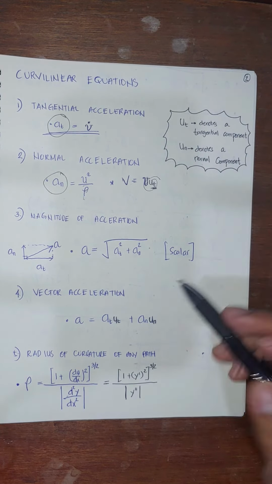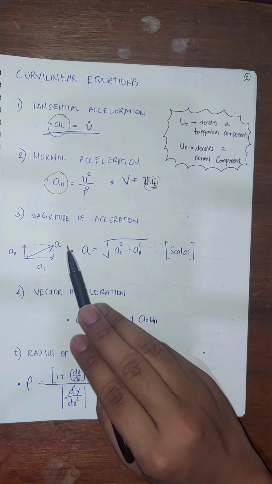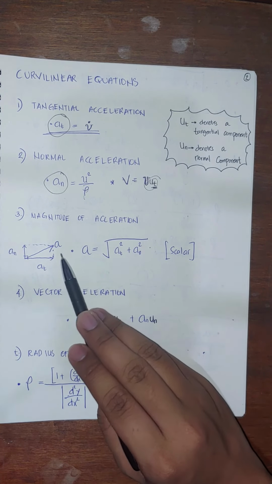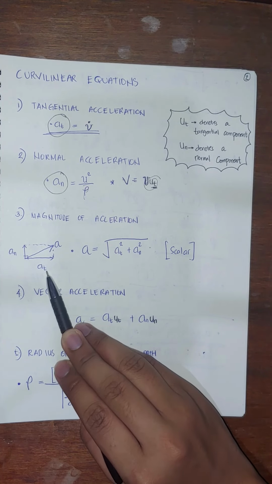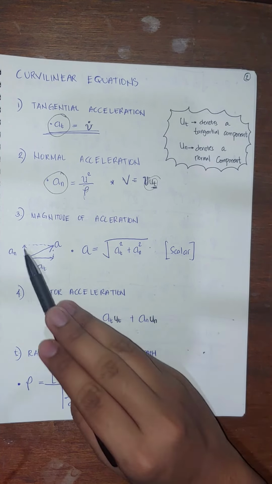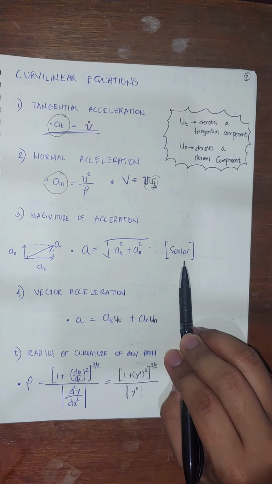It represents that the velocity is moving tangent to the path of the motion, u sub t. The magnitude of the acceleration, using this graphical method, is equal to the square root of the square of the tangential acceleration plus the square of the normal acceleration. So it follows the Pythagorean theorem. This is for scalar quantities.